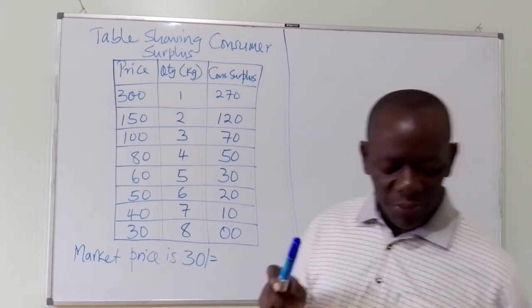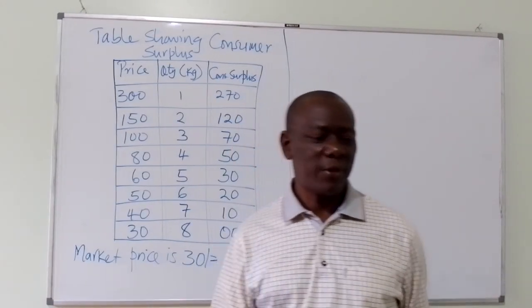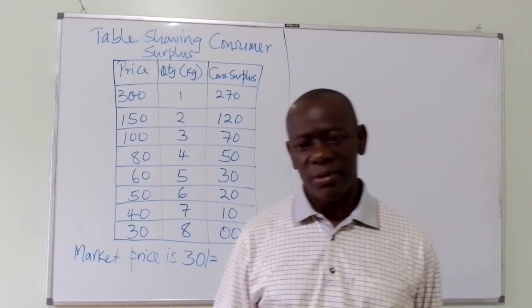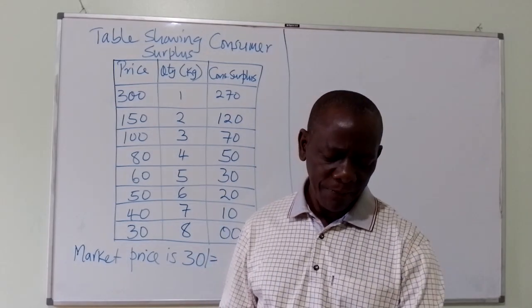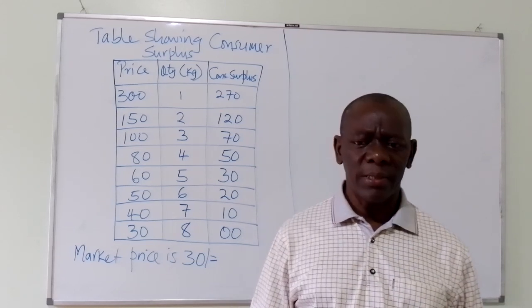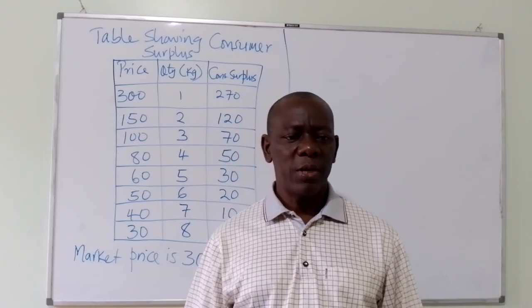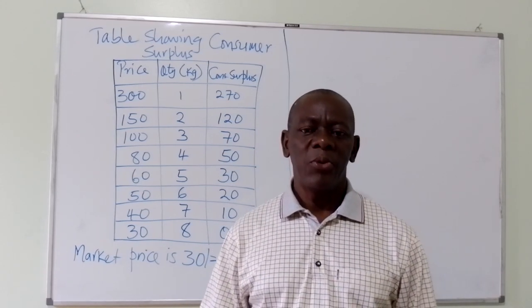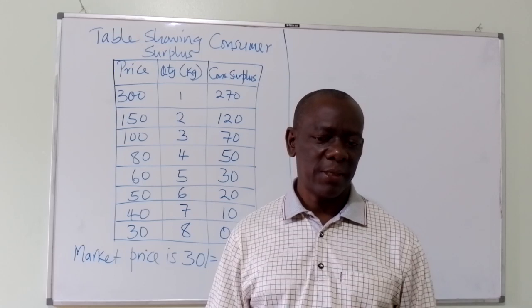In economics, it will be very difficult to avoid calculations. Calculations are a must. That's why in the introduction, I think we mentioned that to do economics in Uganda today, you must have passed mathematics.